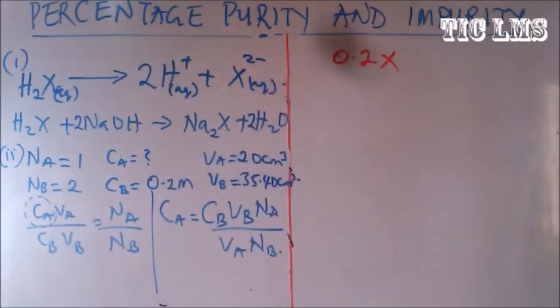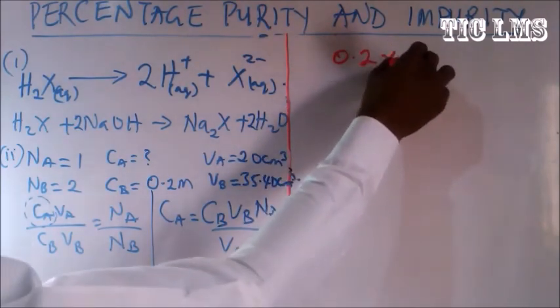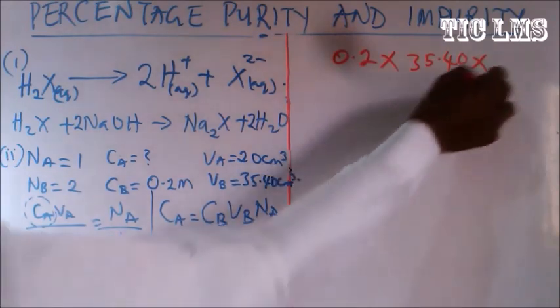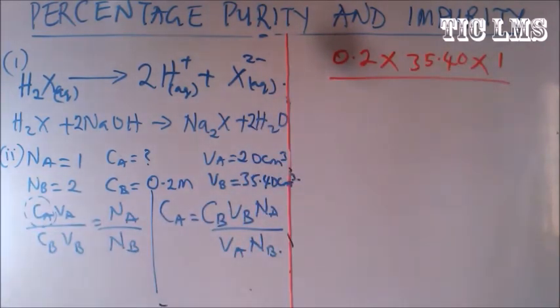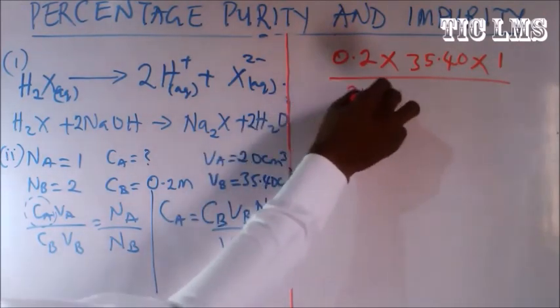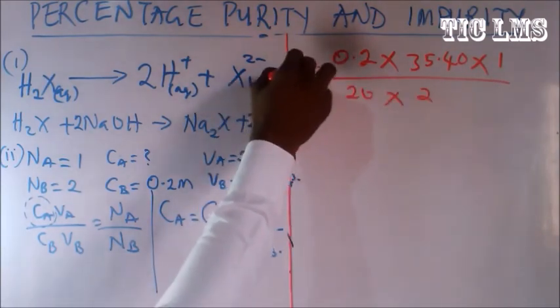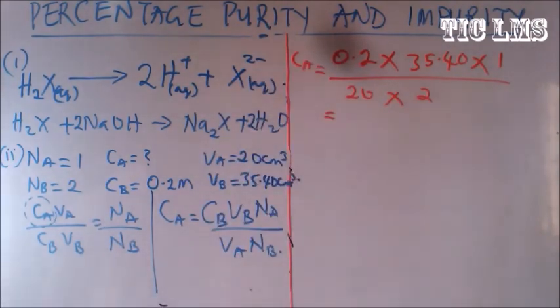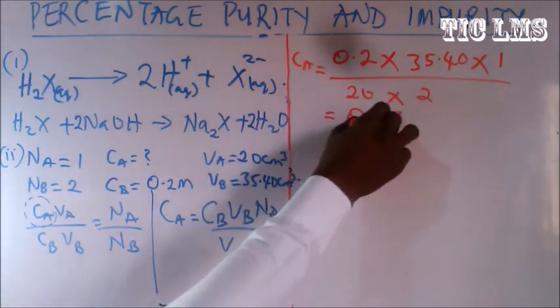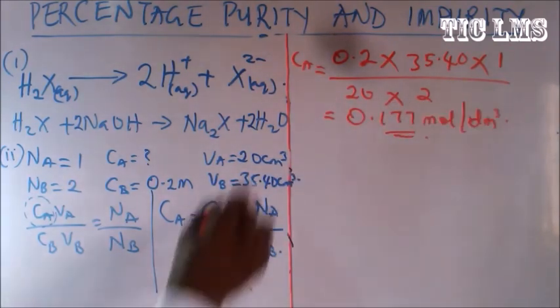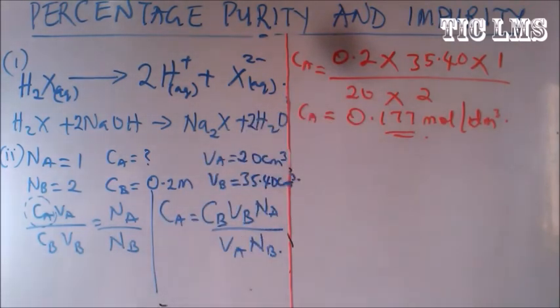The volume of base is 35.40, and the number of mole of acid is 1 over the volume of acid in this question is 20. The number of moles of base in this question is 2. Alright, so when we calculate all this, it produces 0.177 mole per dm cubed of acid. So that's the concentration of acid that we have in the question. So we've gotten the second part of the question.